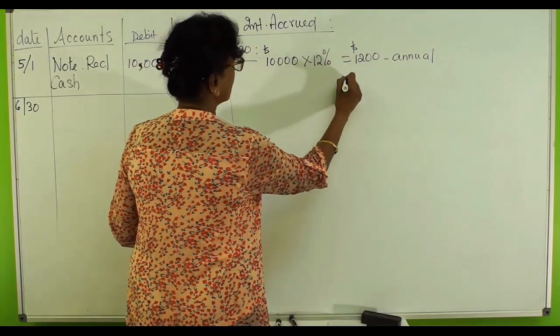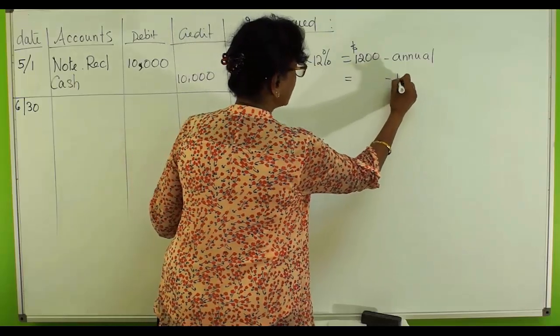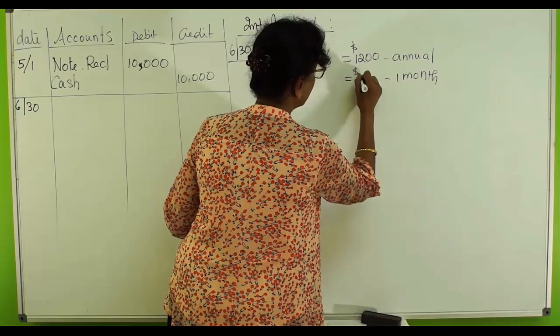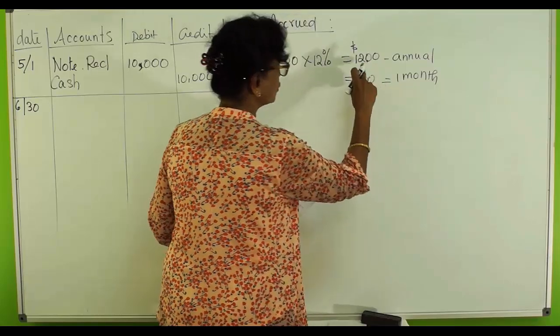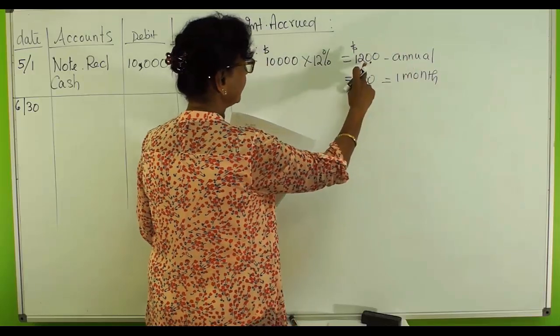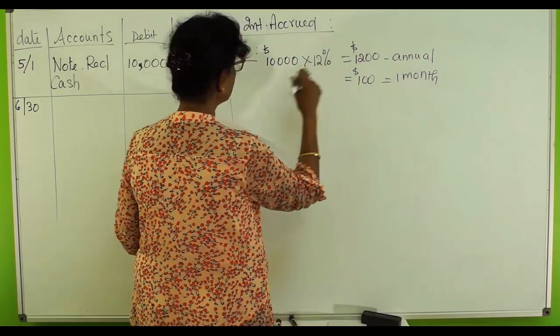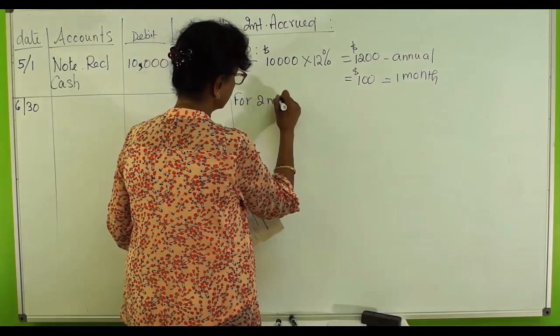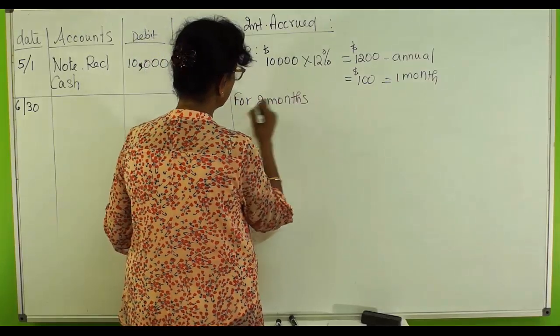So for 1 month, it would be $100. So $1,200 for 12 months, therefore $100 for 1 month, and this is for 2 months from May 1st to June 30.